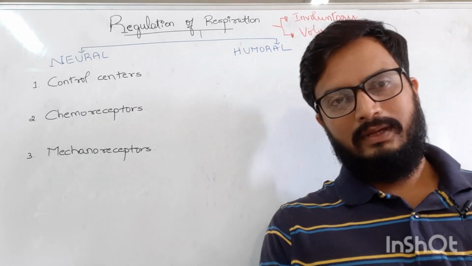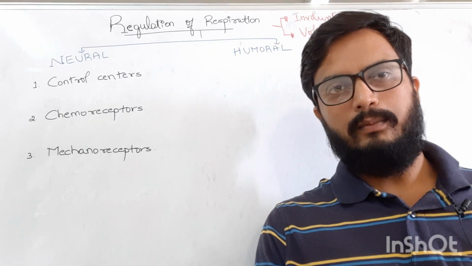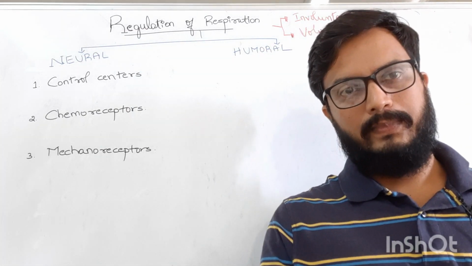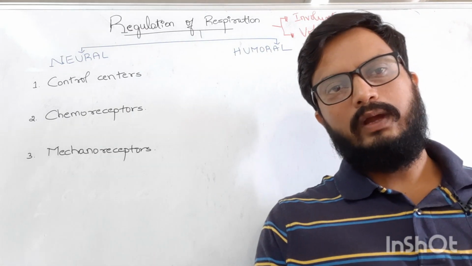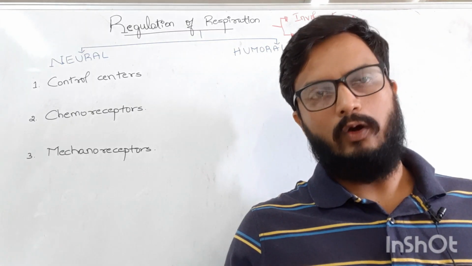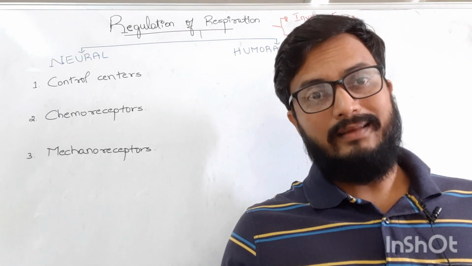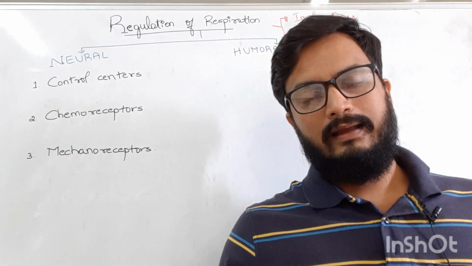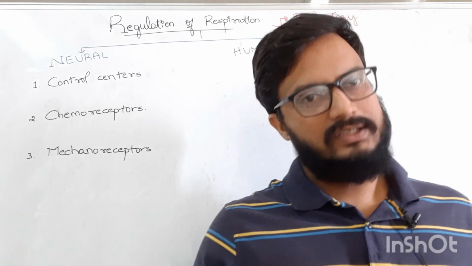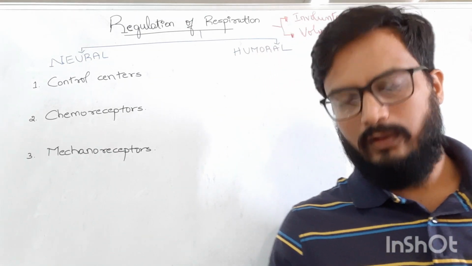Hello everyone. In today's video, we are discussing the regulation of respiration, or control of respiration. If you closely look at the respiratory process, it has two important components. The respiration has an involuntary component, that is, without our consciousness, the respiration goes on.